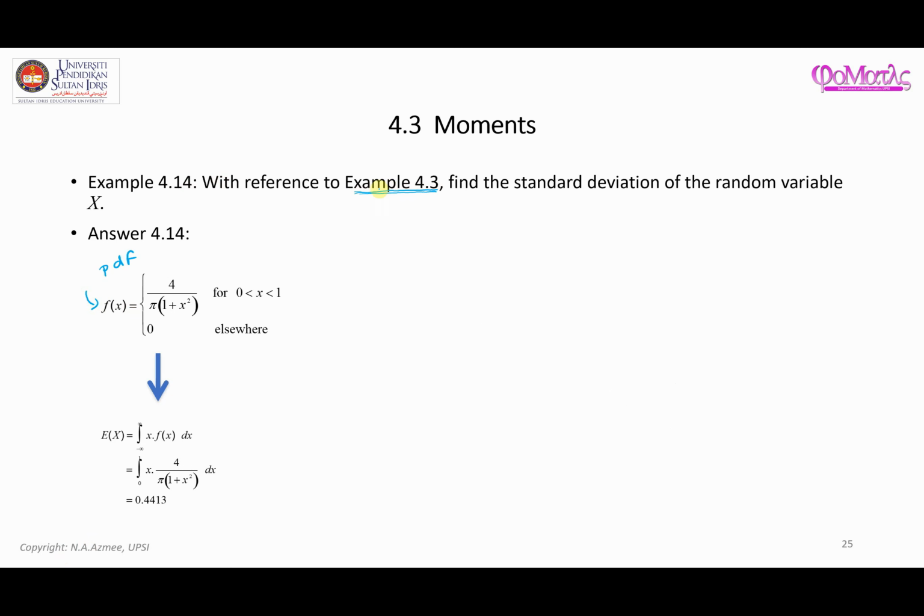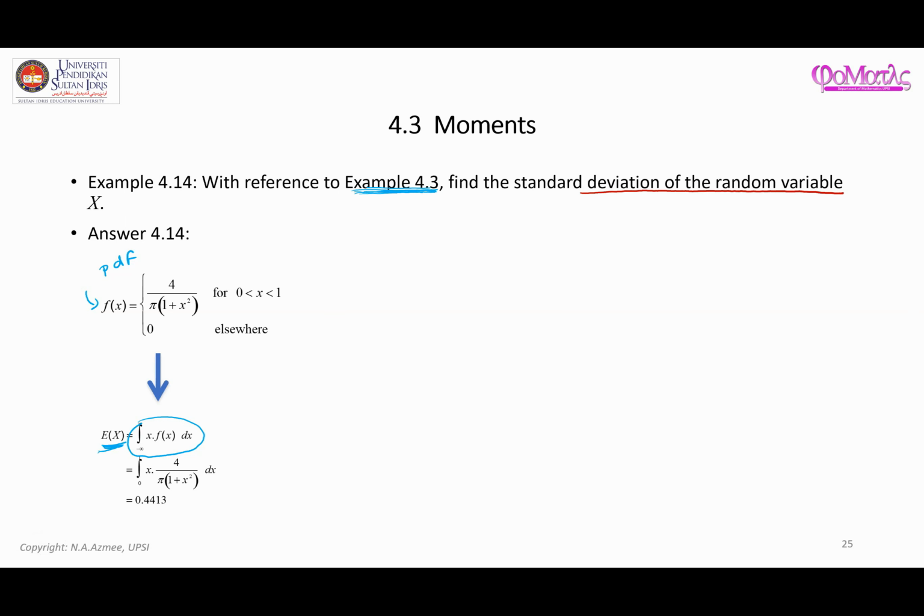And in example 4.3, we've seen how to find the expected value of x using this formula right here. Okay, so this is the result that you have already seen in example 4.3, and we're going to use that result in order to find the standard deviation of the random variable x.